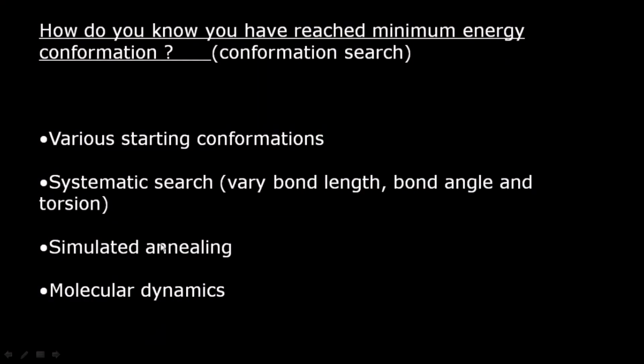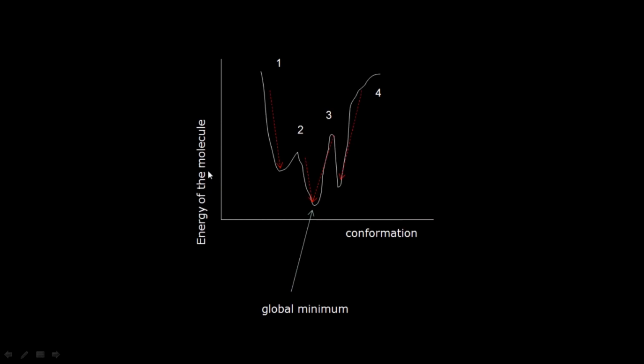Another approach is called simulated annealing, that means you heat the molecule to a higher temperature, because of the energy the molecule has, it takes a lot of conformations, and hopefully when you minimize those conformations it will lead to a global minimum. And then another approach is molecular dynamics, by which we can also get conformations. We will look at some of them a little bit in more detail. So, the main challenge here is to reach the global minimum, not end up with local minimum.